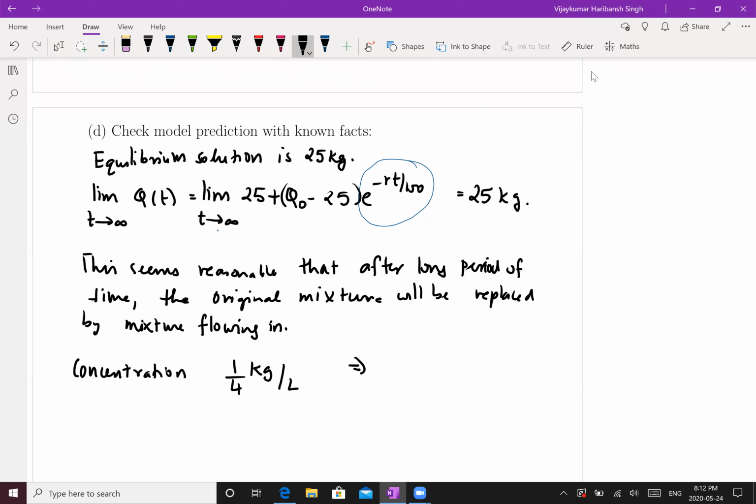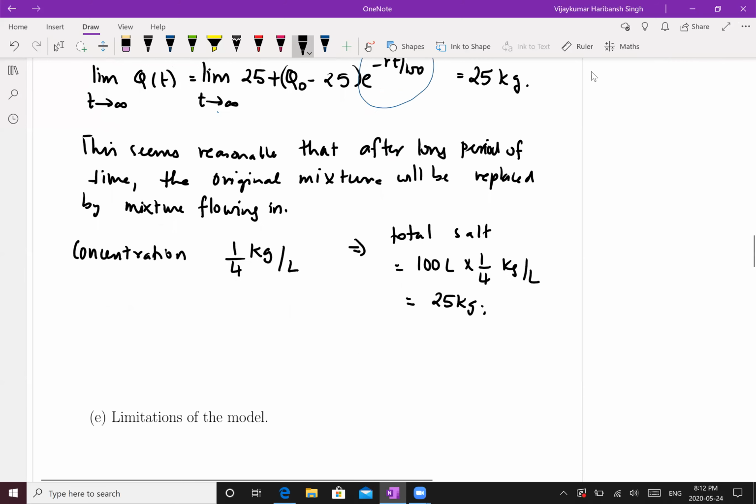Therefore the total salt is going to be 100 liters multiplied by 1/4 kilogram per liter, which is 25 kilograms, which is reasonable, right?